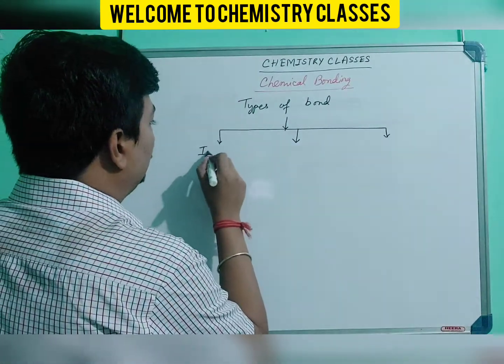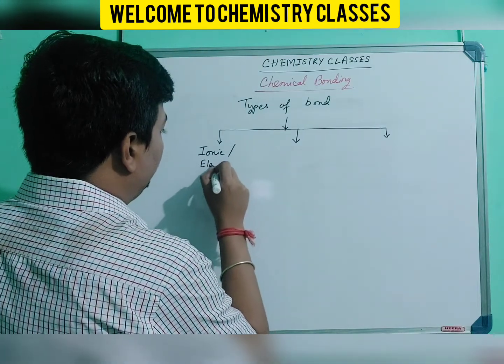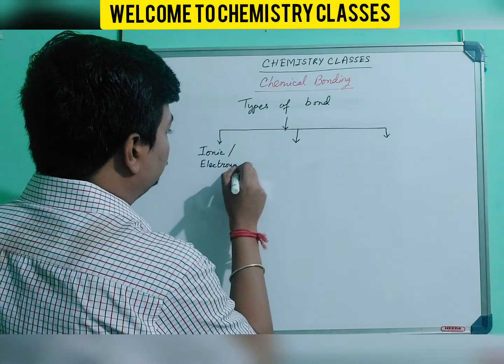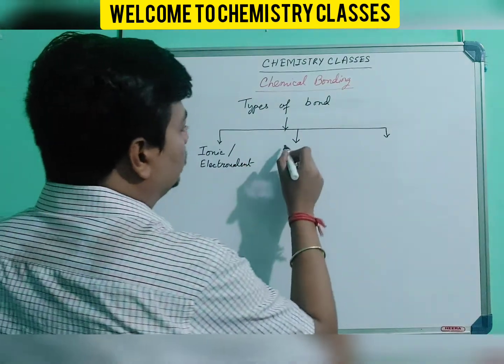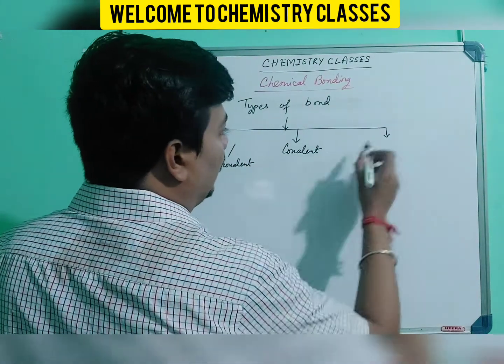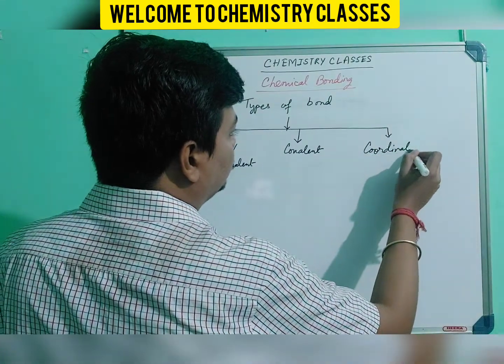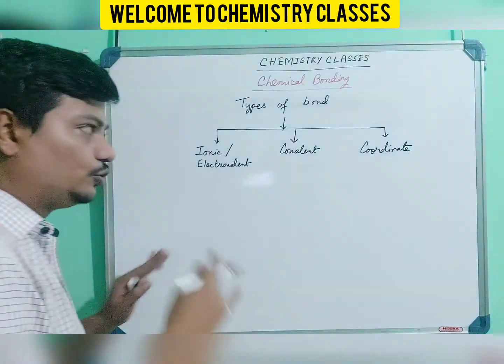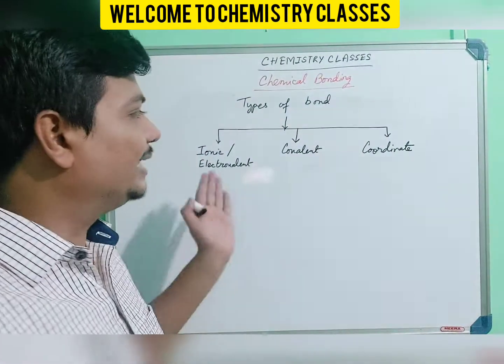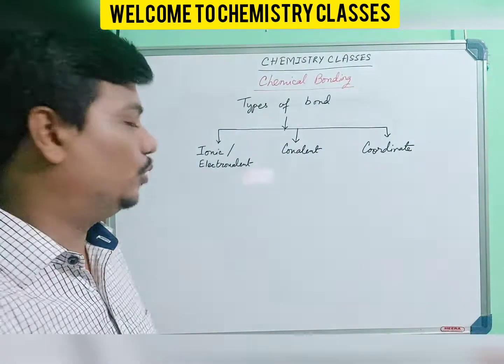One is ionic or electrovalent. The next one is covalent, and the last one is coordinate. So these are the three basic classifications of the bonds.